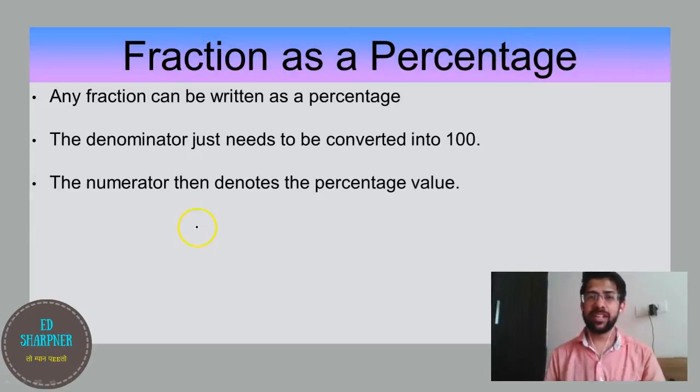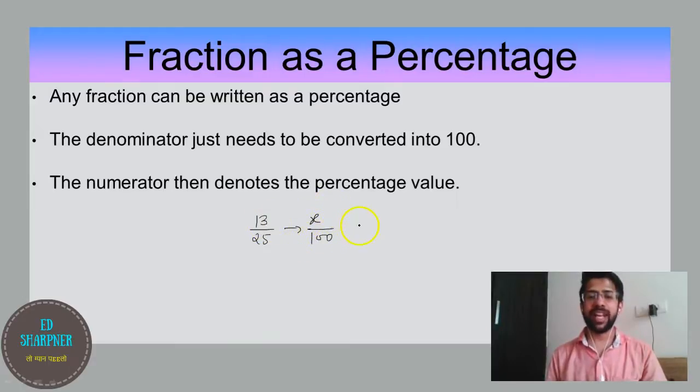Let's see one more example to convert fraction as a percentage. Let us say we have something like this, 13 divided by 25. Now we want to find out how much percentage is this. So as we just saw, we just need to convert the denominator into 100, right? Let the numerator be x. After converting the denominator into 100, our numerator becomes x.